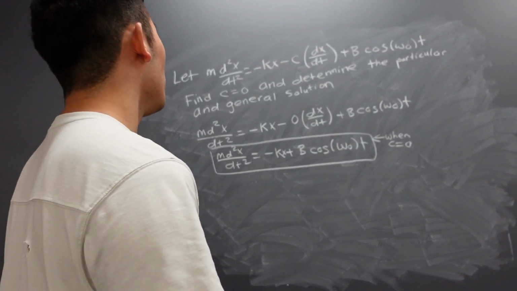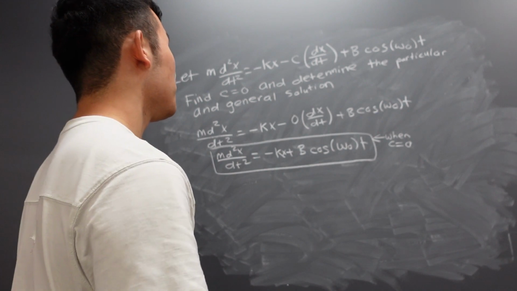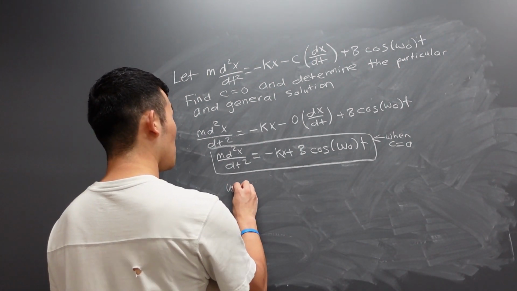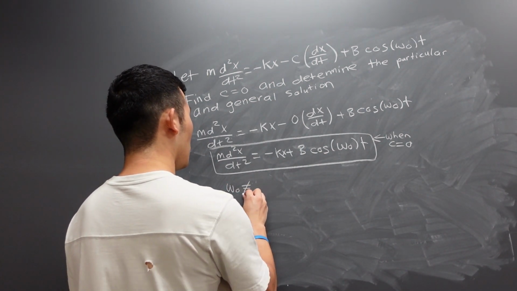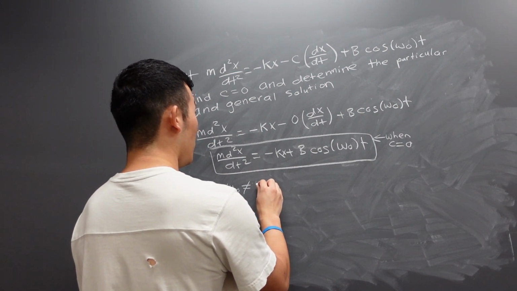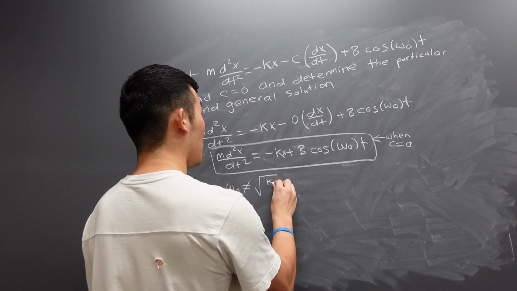Now, let's determine the particular solution for this. Let w0 not equal to square root of k over m.